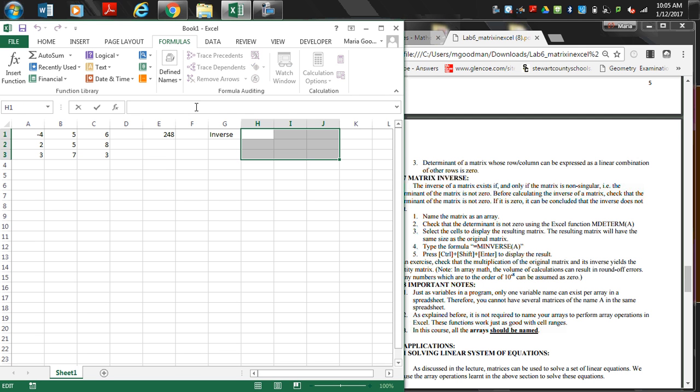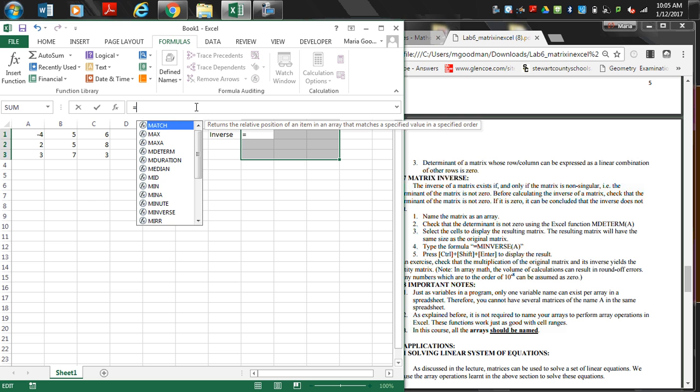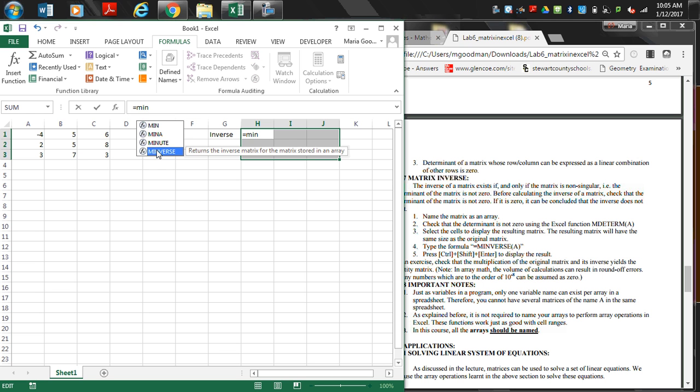Equals, and then it's MINVERSE, this one, of defined names using formula A. Now, since it is going to be a 3 by 3, what do I have to hit to get my correct answer? What was that, Miss Northern? Control, Shift, Enter, all at the same time.